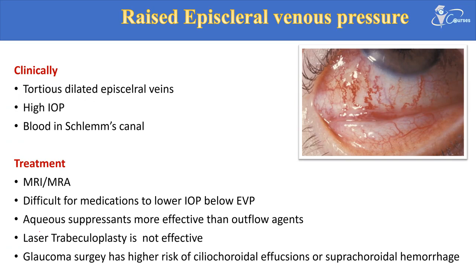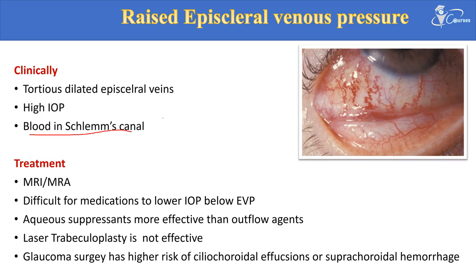So if a patient has raised episcleral venous pressure because of, as we mentioned before, Sturge-Weber or choroidal hemangioma, or the presence of carotid cavernous fistula, or the presence of orbital tumors, any compression of the globe from behind by an orbital tumor, this will result in increasing the episcleral venous pressure, resulting in stagnation of the blood within the blood vessels, like dilated tortuous episcleral veins. High intraocular pressure with blood in Schlemm's canal.